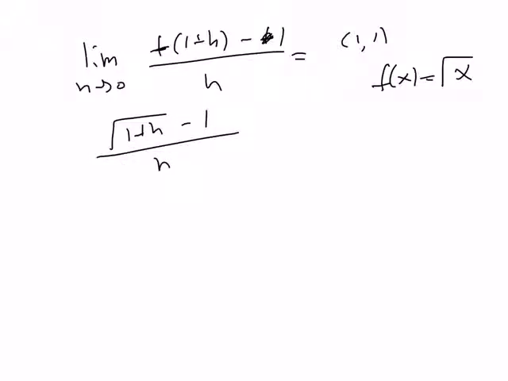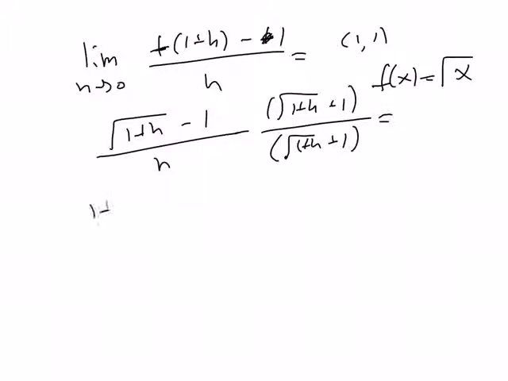So now we're going to multiply by the conjugate: square root of 1 plus h plus 1 over square root of 1 plus h plus 1. This gives us 1 plus h minus 1, or in other words h on the top.